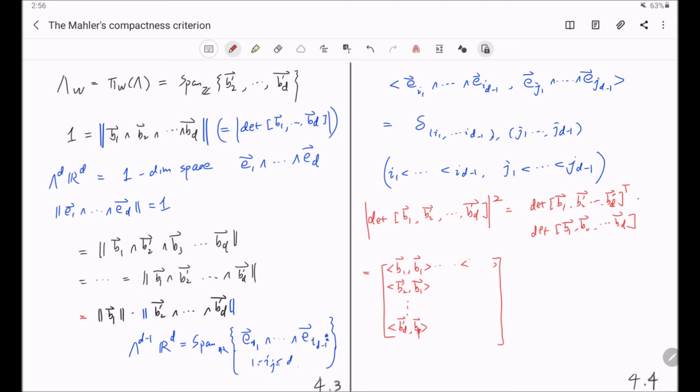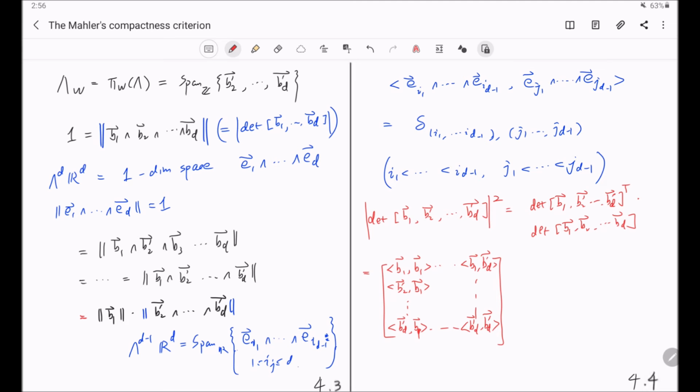Here it should be B1 with BD'. In the lower right you have BD' with BD'.